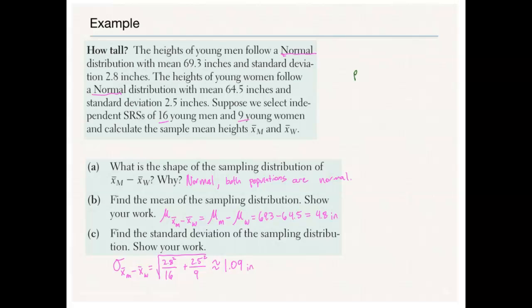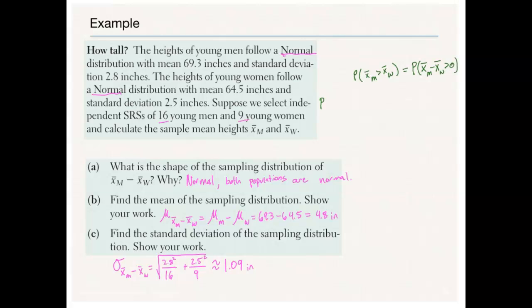So in a sample of these sizes, what's the probability that I get an average male height larger than an average female height? Well, I can answer that by subtracting the average female height to the other side, right? So that's the probability that x bar m minus x bar w is greater than 0.